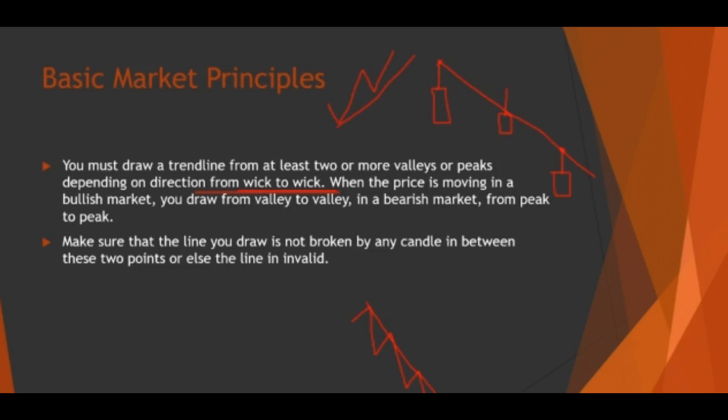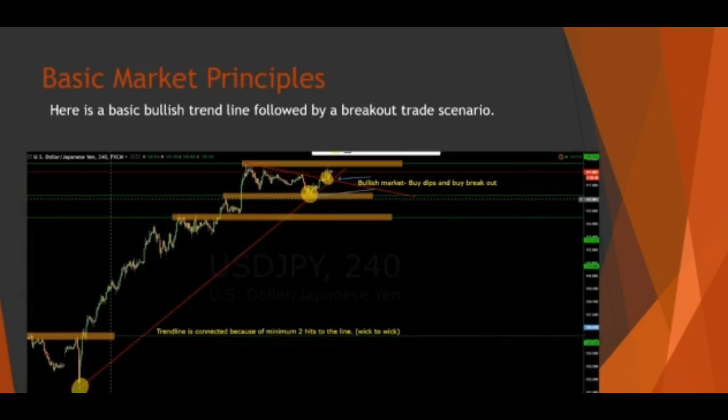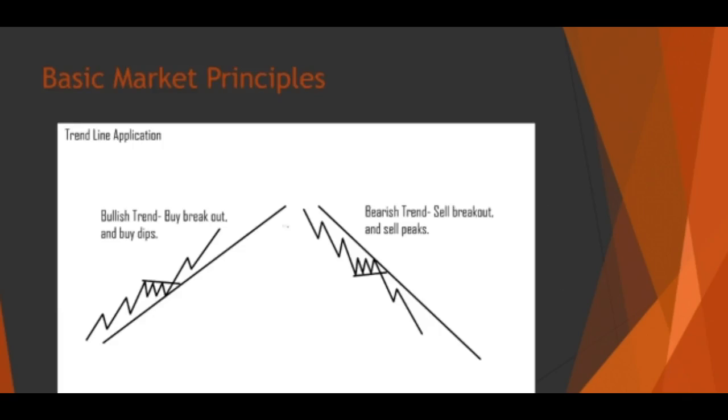Okay? So let's start looking at how to do these. And now things will get a little more quizzy. You're going to have to start thinking quite a bit now. So here's a basic bullish trend line followed by a breakout scenario. So see, I have the wick at the bottom, yellow. Right here, top yellow. And then, of course, I have a wick here and a wick there. And I drew it down. Similar to this last slide here, same trade setup, but in real life.